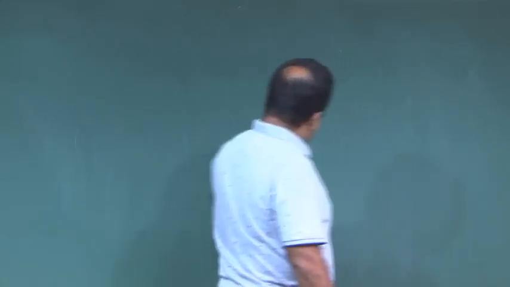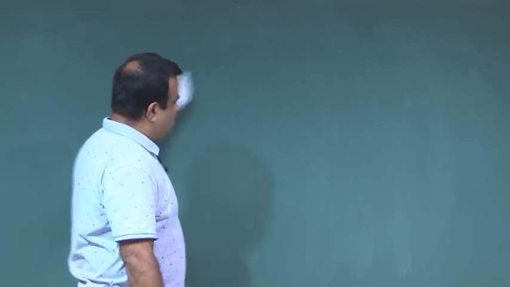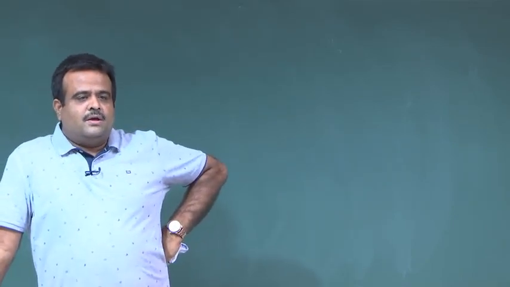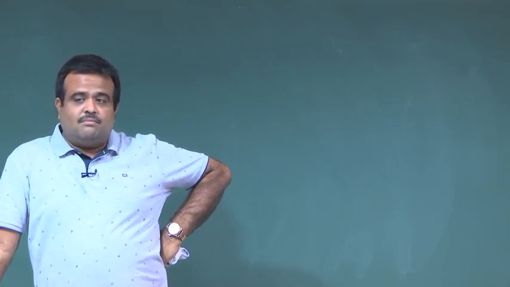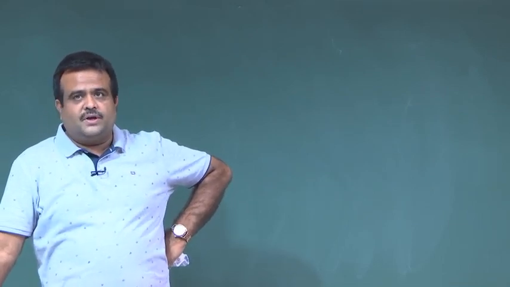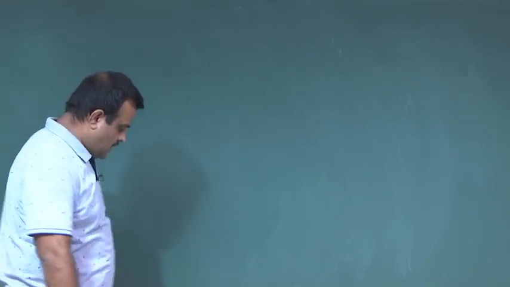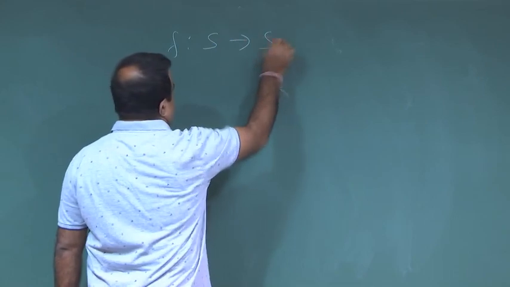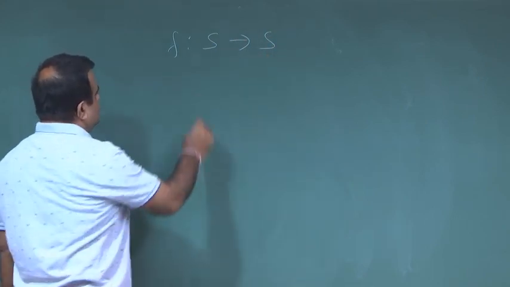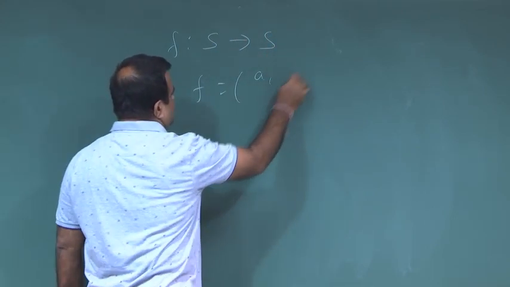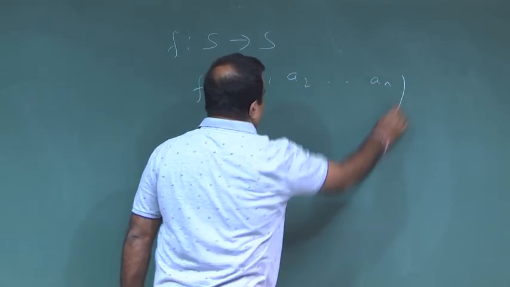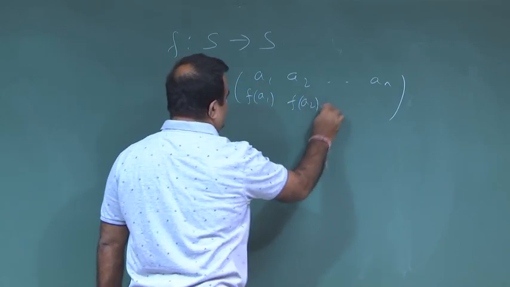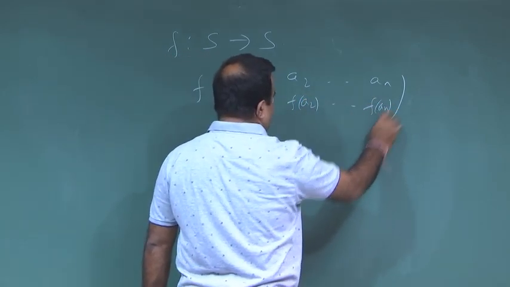How many rearrangements are possible if there are n elements? How many permutations are possible? There are n factorial permutations possible. So basically there are n factorial bijective mappings from S to itself. Now suppose you have a permutation f from S to S. That means we have a bijective mapping f(a1), f(a2), ..., f(an).